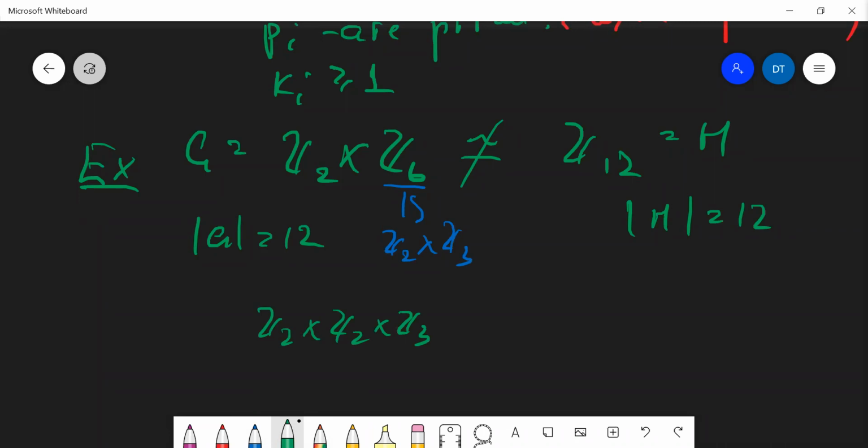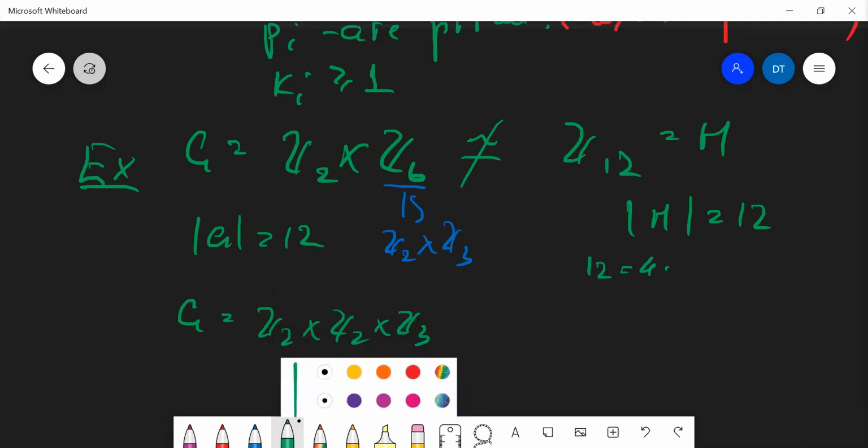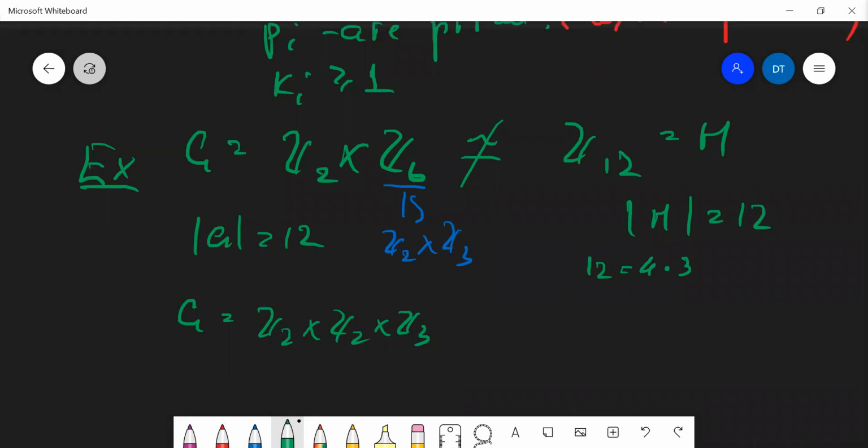So this is a presentation for the group G as a product of cyclic groups, and the order of each cyclic group is a power of a prime: 2 to the 1, 2 to the 1, 3 to the 1. And here, using the Chinese remainder theorem, you represent 12 as a product of 4 and 3. 4 and 3 are coprime, so Z12 must be isomorphic to Z4 times Z3. So this is also your H.